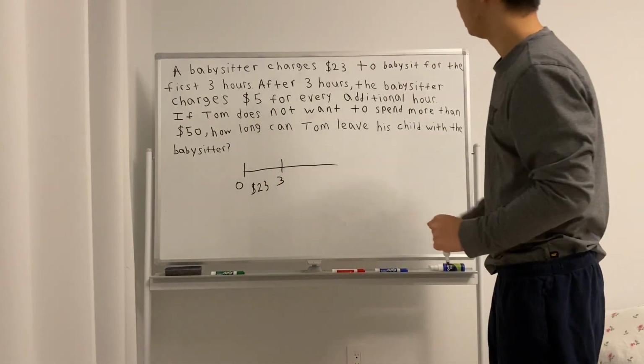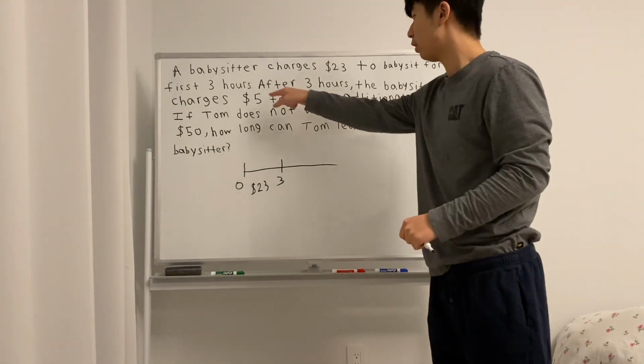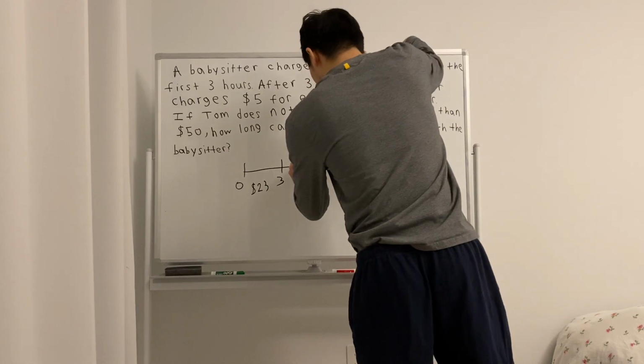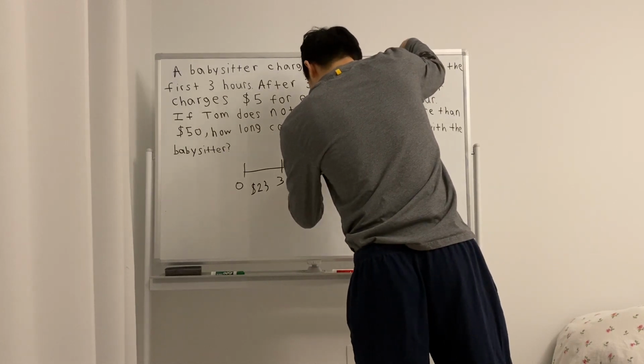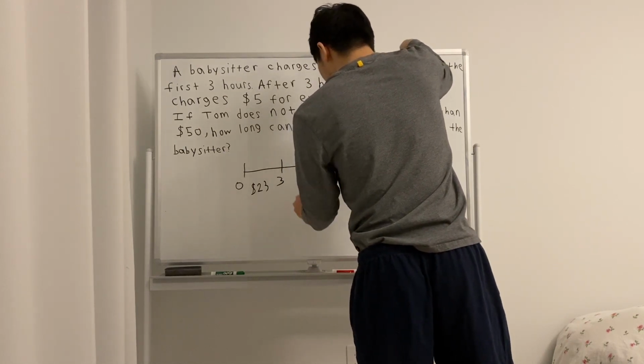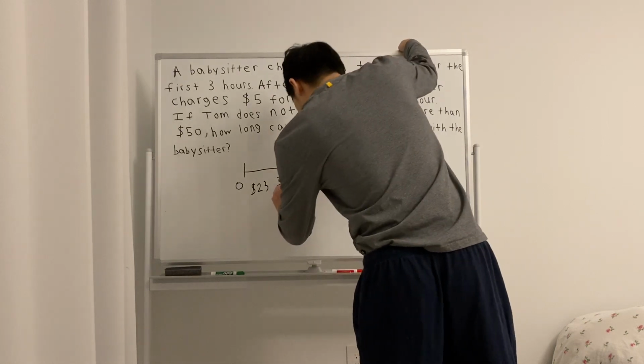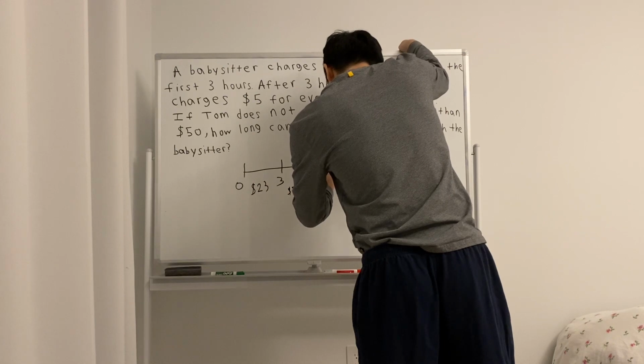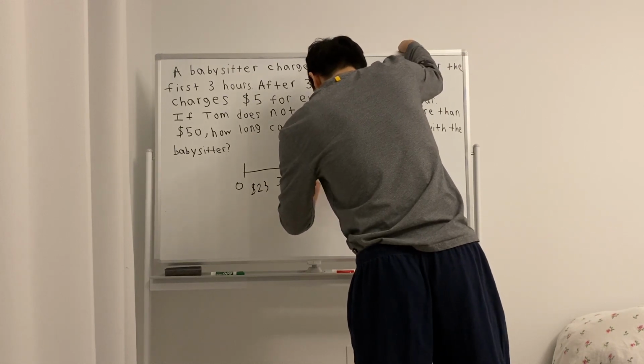And after, it says the babysitter charges $5 for every additional hour. So that means at hour 4, the babysitter charges another $5, and at hour 5, another $5.